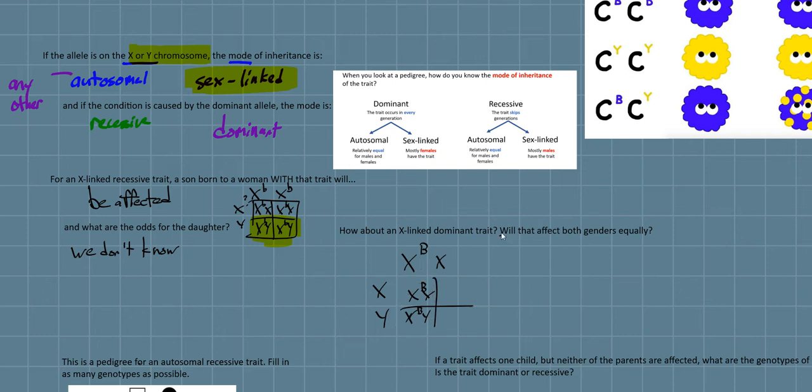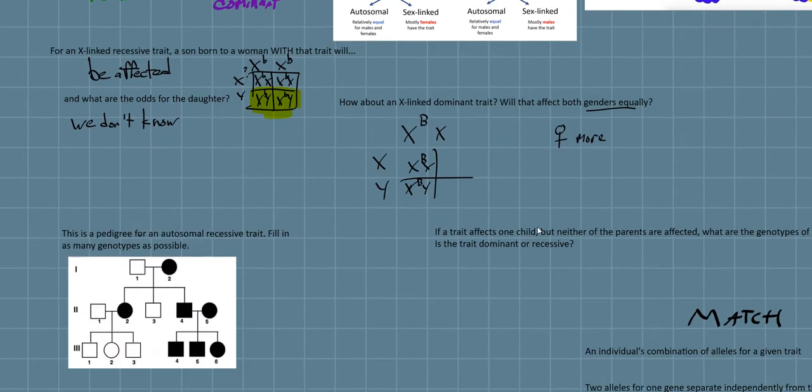So would that affect both genders equally? It should, but we don't know that for sure. If it's X-linked and dominant, chances are, statistically speaking, that females will be affected more, but both could be affected. It's not such a clear-cut answer as our last one.